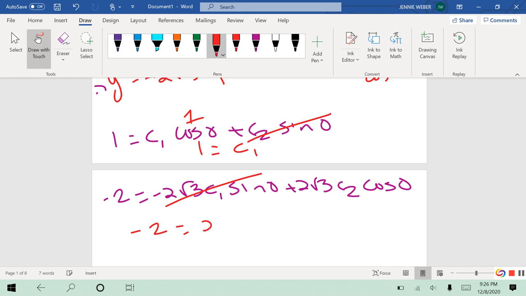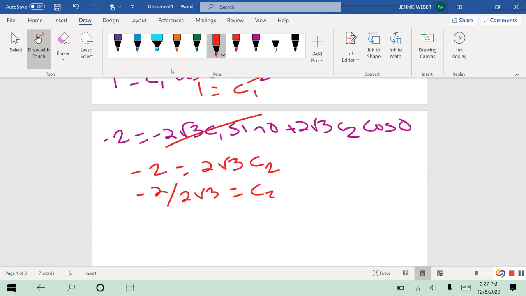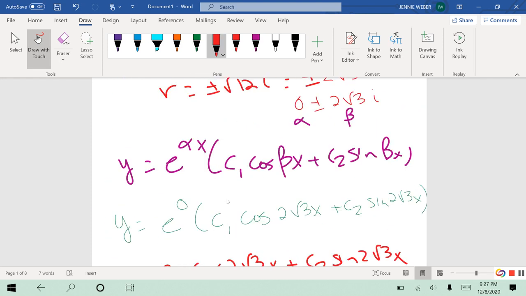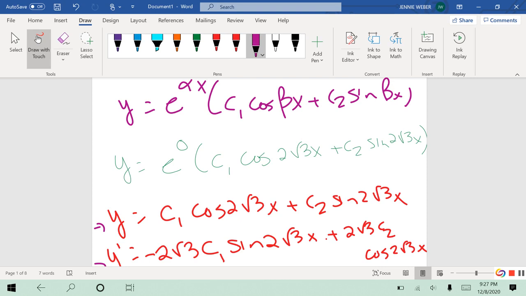And this, let's see here, that's gone. I have negative 2 equals 2 square roots of 3 C2. So then negative 2 over 2 square roots of 3 equals C2. So let's see here, negative 1 over the square root of 3 equals C2. So then what is my equation? Well, I come back up here and I'm going to fill in.